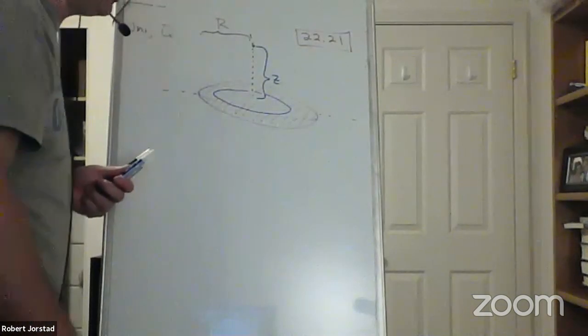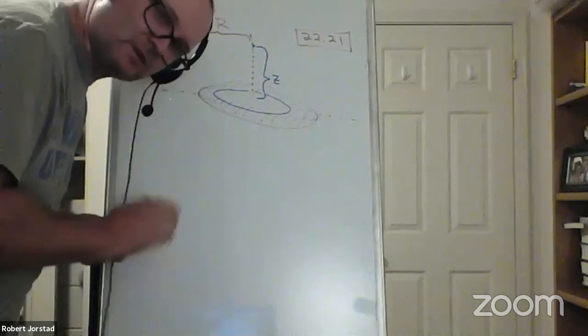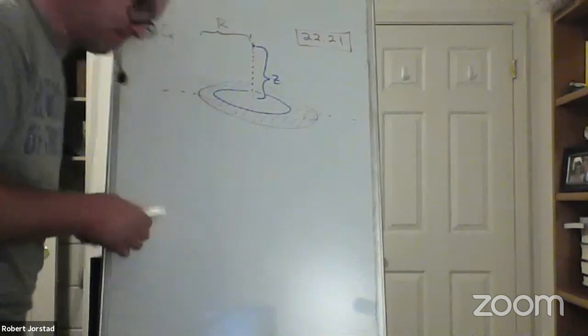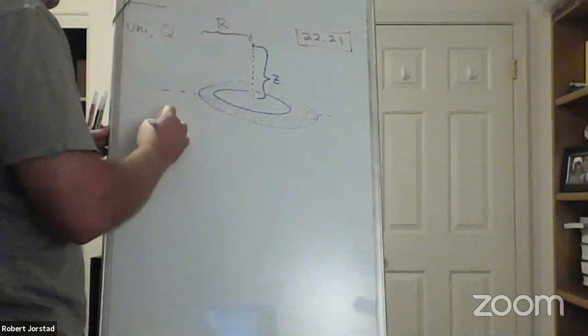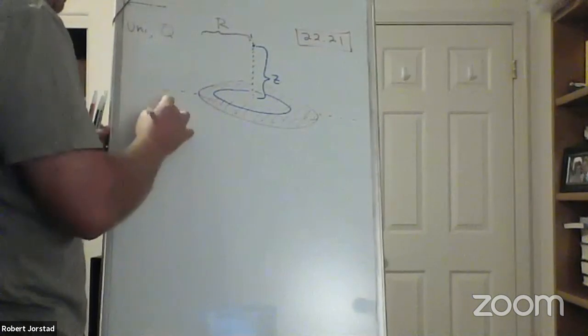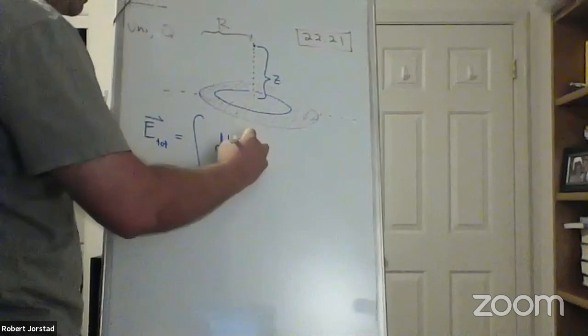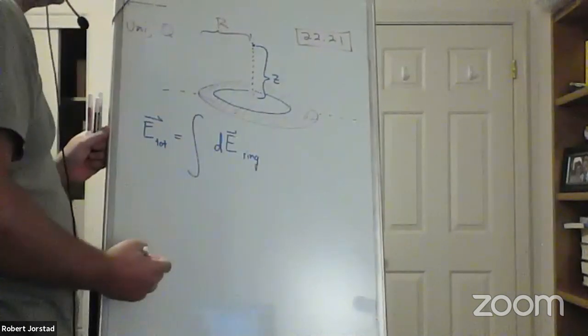Okay, so I know this is going to work out, and this is one of those rare problems where I think you could actually do the magnitude and it would work. But let's get in the habit of doing it right. So in this case, E total is equal to the integral of dE for the rings that I build it from.